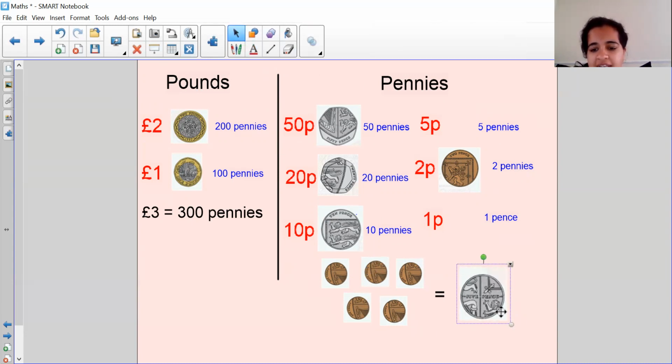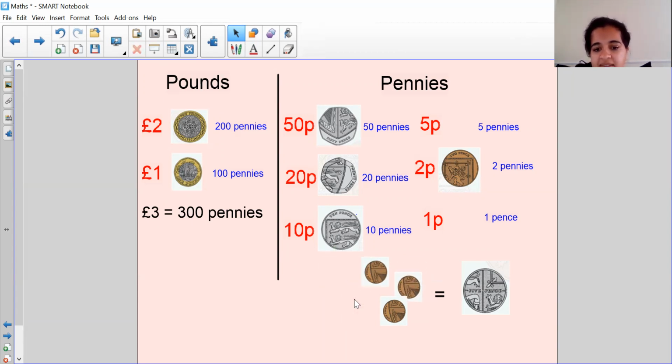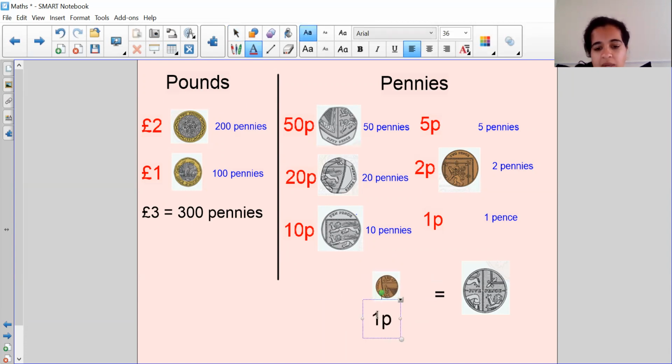Okay, so if you look very carefully, the value of this coin is the same value as 5 of these coins. So one of these coins is worth more. The value of this is more than the value of one of these. Because if I were to do this, that would be wrong, because this is only 1p and that's 5p.